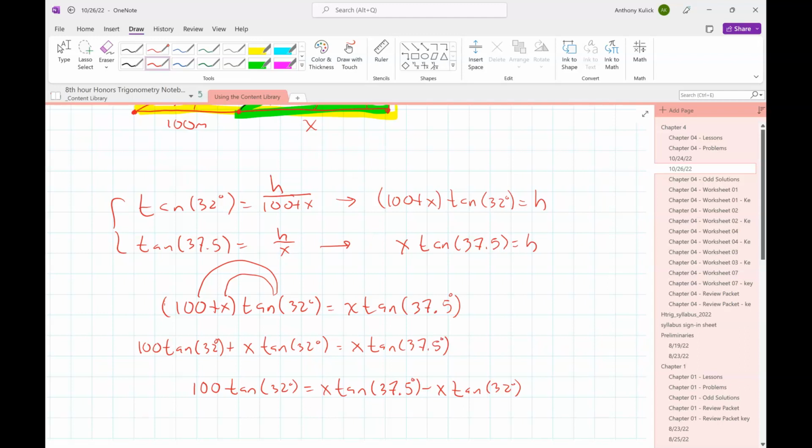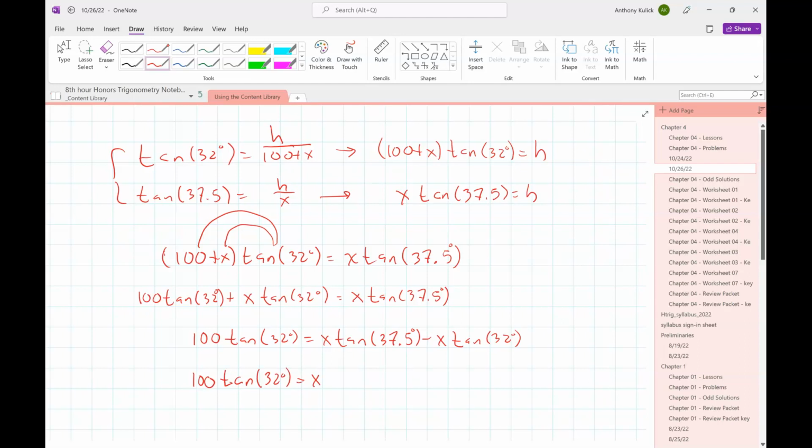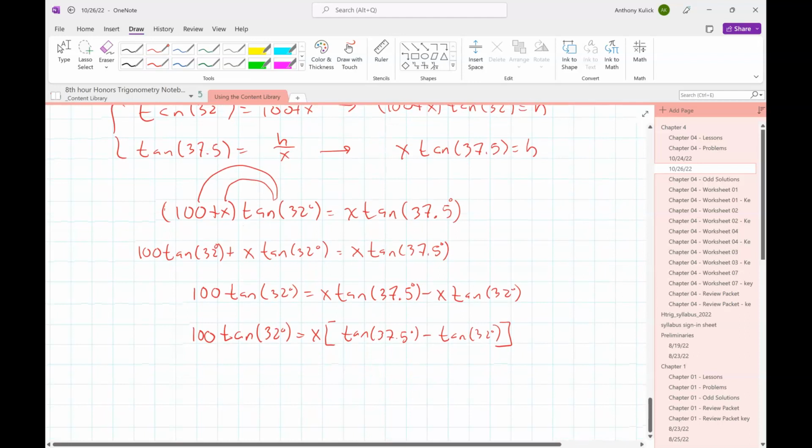Take a look at that right-hand side now. What do you notice? Both have an x. That's a greatest common factor, right? So I can factor that x off. And then I can divide by tan 37.5 minus tan 32.